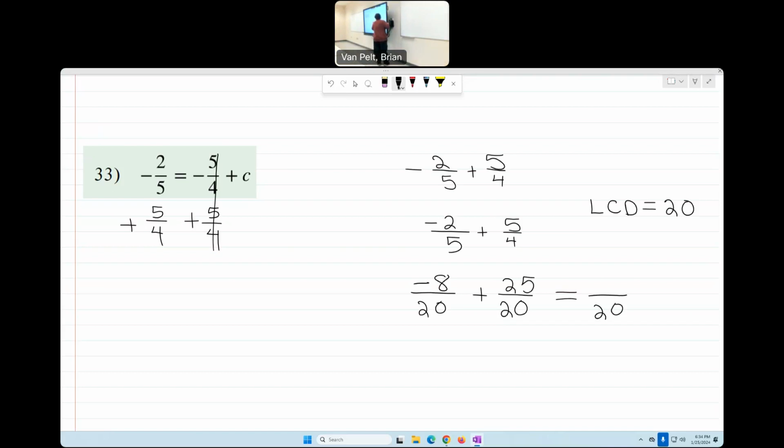So -8 plus 25 is positive 17. Just leave it. Once you've got the answer, if you continue to do things to it, you're giving yourself a chance of getting it wrong. Doing things to something that was already right, leave it be.